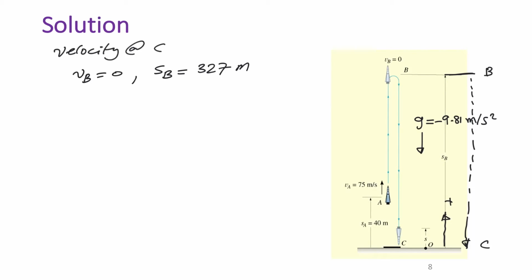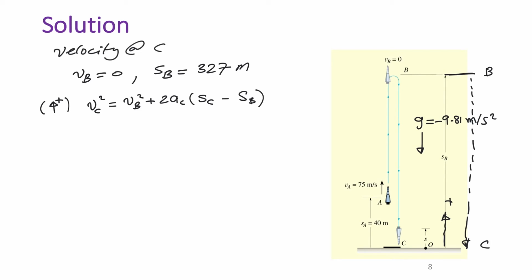And now we can write down the equation similar to the previous one, again assuming that upward is positive, but this time between VC square and VB square, plus 2AC multiplied by SC minus SB.